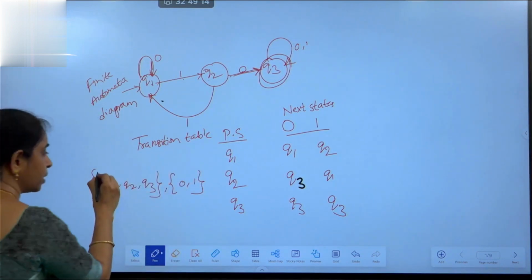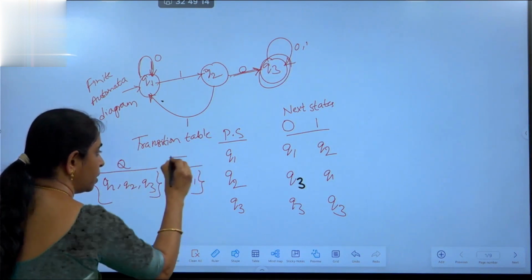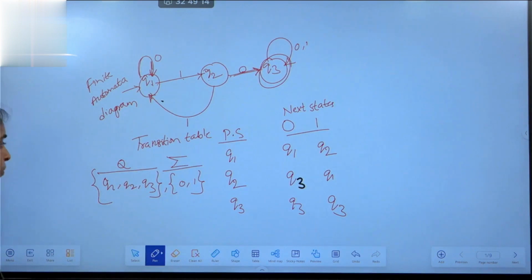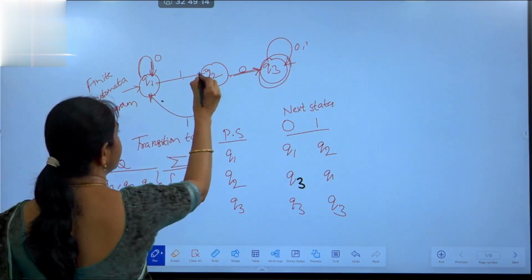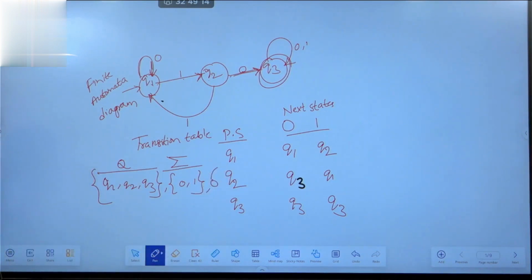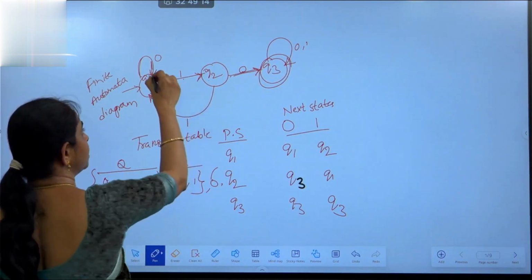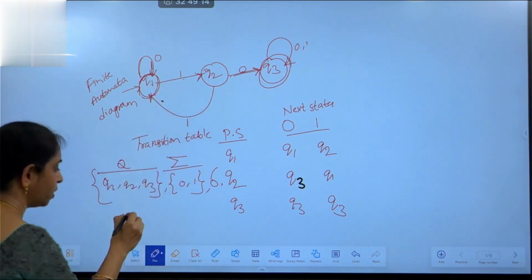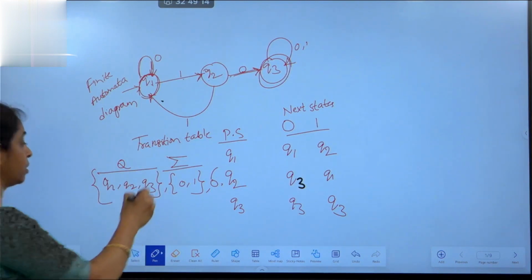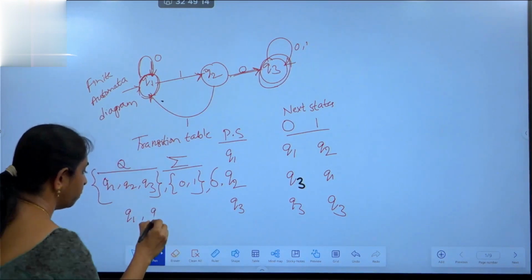The set of states we take as Q, and the set of input alphabets as sigma. Moving from one state to the next state is the transition function, which we take as delta. Next, we have the initial state, Q1, and the final state, Q3. The initial state and final state are very important for the finite automata.